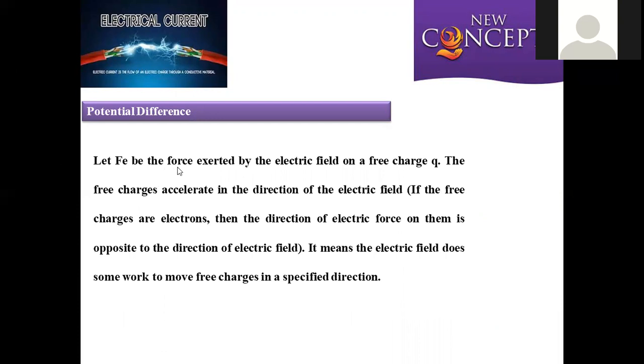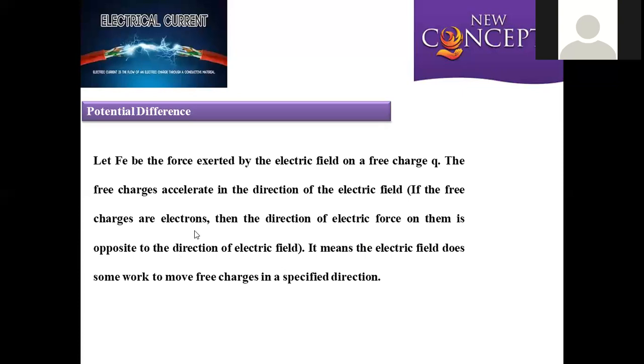Let Fe be the force exerted by the electrical field. The extent of force exerted by the electrical field is denoted with Fe, on the free charge Q. Here, the charge of the electron is denoted with the parameter Q. The free charges are accelerated in the direction of the electrical field. If the free charges are electrons, then the direction of the electrical force on them is opposite to the direction of the electrical field.